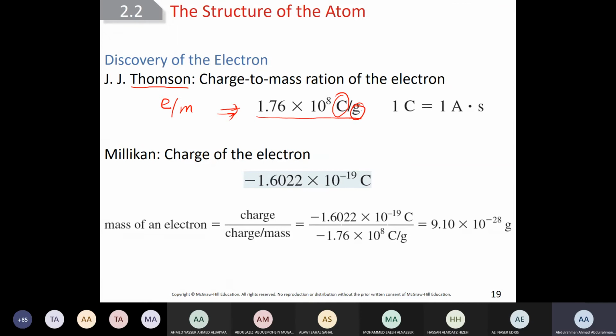The charge. And then by that, how can you find the mass? Divide this number by this number here, and you have the mass of the electron. Don't memorize it, but just know it. Just keep it in your mind.